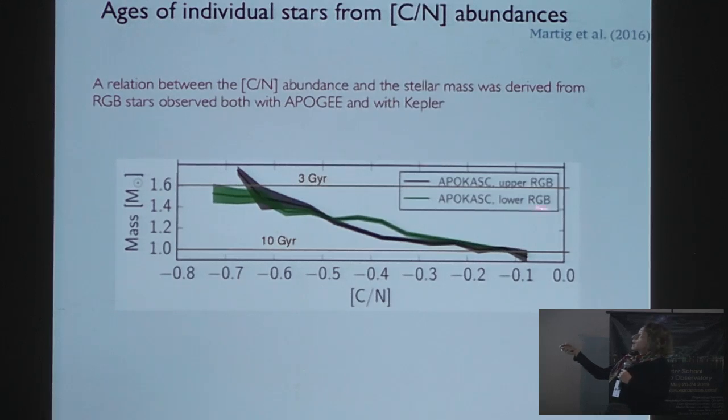So most of the stars in the upper red giant branch experienced this extra mixing, while the stars in the lower red giant branch did not. So in principle, this relation, if what we understand of stellar evolution is correct, should be different. But it is not different, and so this is something we don't understand, we just observe. So if we believe in this relation, then we can measure CN from the spectrum, the ratio of carbon over nitrogen, and then derive the mass.